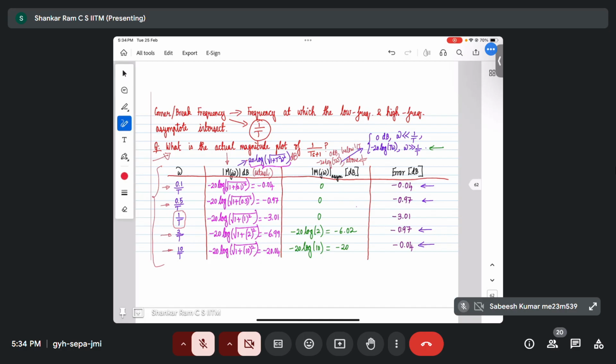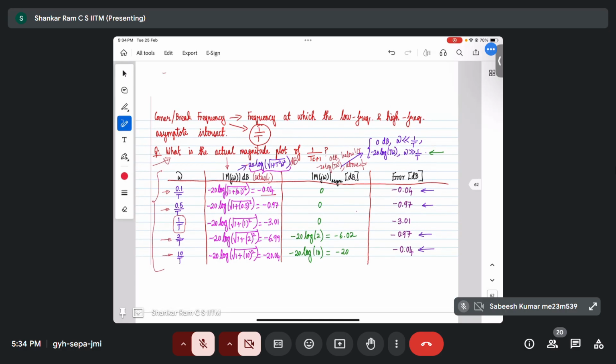Now let us start with 0.1 by T. How did we get the value as minus 0.04? I will do the calculation once to explain. This will be minus 20 log of the square root of 1 plus T squared omega squared. We substitute 0.1 by T for omega. What will be 0.1 by T whole squared?